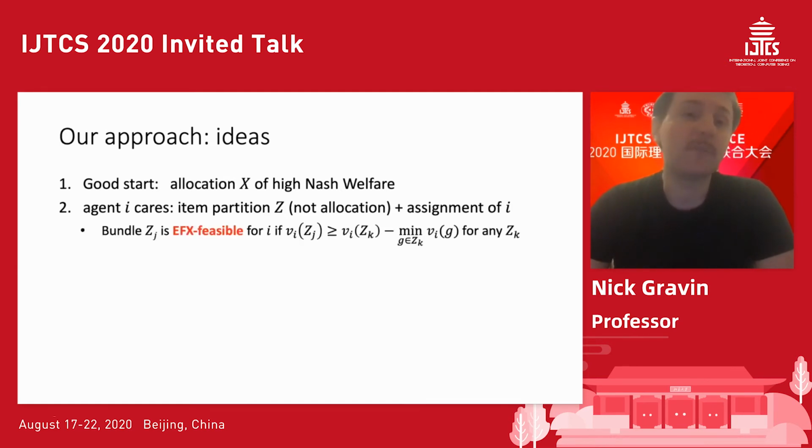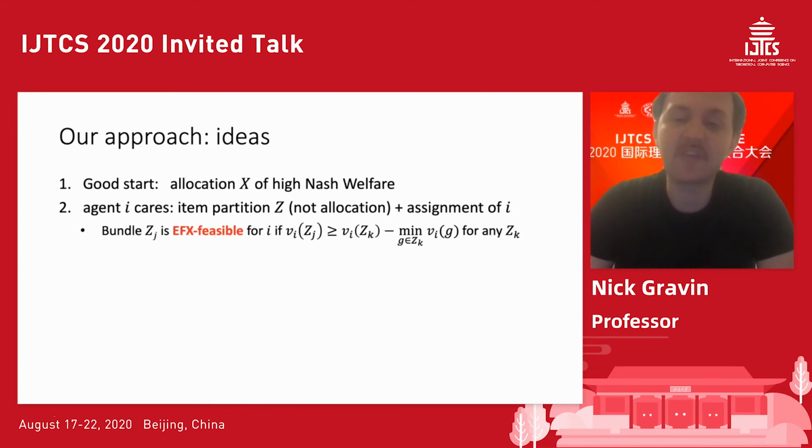All right. So in this sense, we can construct EFX feasible pairs between bundles and agents. So we say that bundle Z_j is EFX feasible for agent i if we can assign bundle Z_j to agent i, and then agent i wouldn't have envy to any other bundle in the EFX definition.